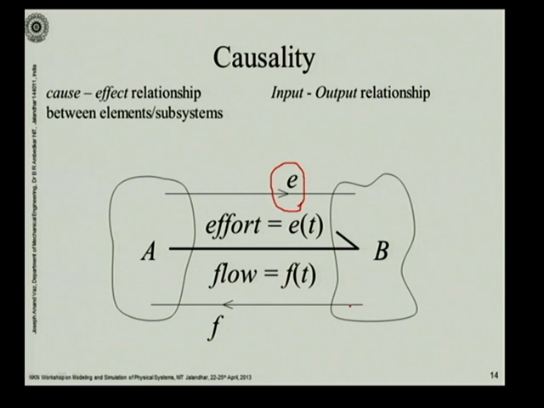And let's assume that both effort and flow variables are being determined by A itself. Let's say that A is saying that I am going to impose this much effort and I am also going to impose this much flow.